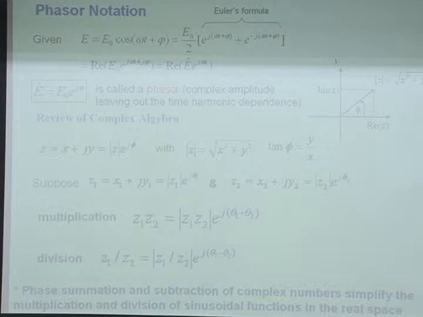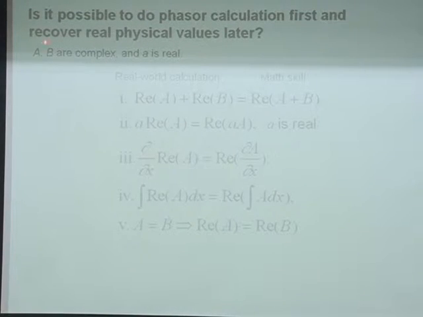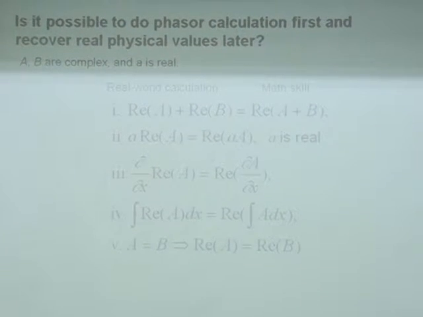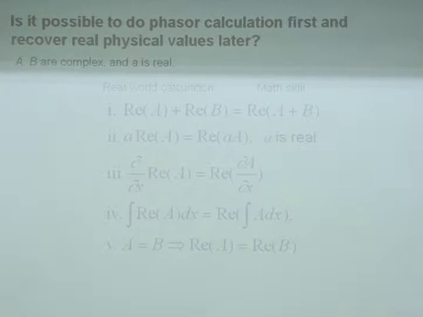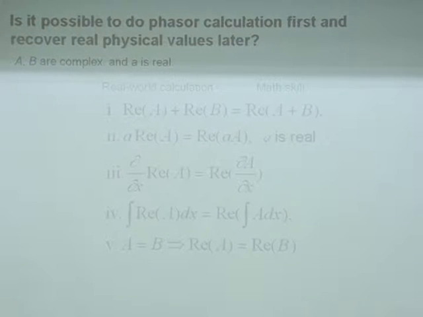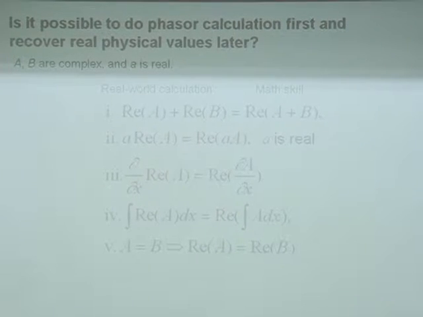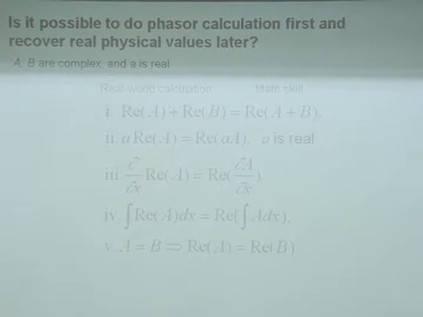So before we use this as a mathematical skill, we need to ask, is it possible to do phasor calculation first and recover real physical values later? 它是一个数学工具，但是呢，我有没有办法呢，在计算的时候，永远都用 phasor 去计算，然后呢，之后再把它 convert 回来。所以 complex number is not real. It's not a value you can measure in the real world. So in the real world, basically what you measure is the real number.